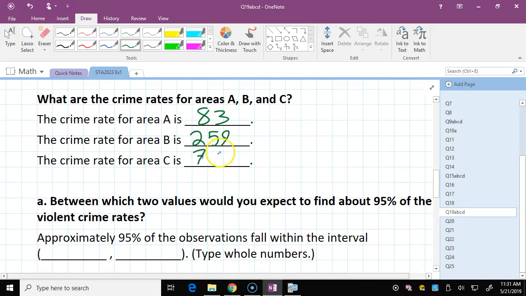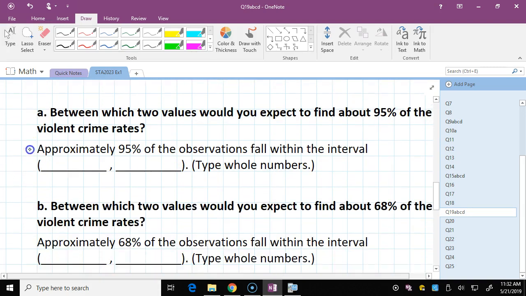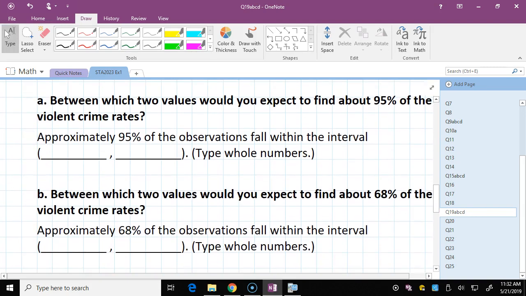Okay. So now we start getting into parts A, B, C, D, E, F of the question. It says, between what two values would you expect 95% of the data? 259 and 611?